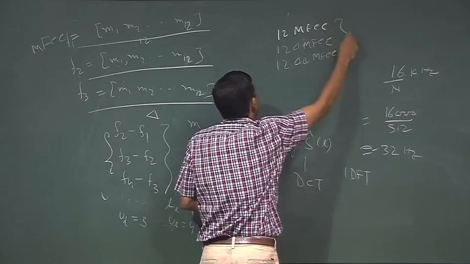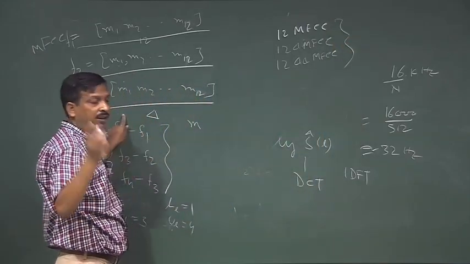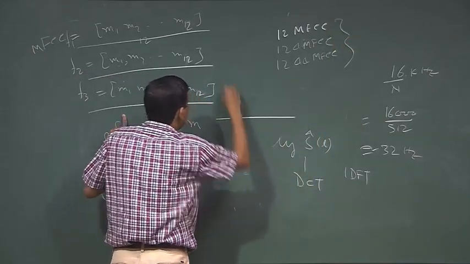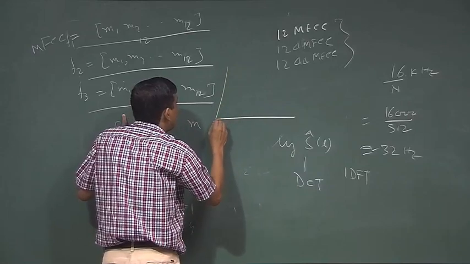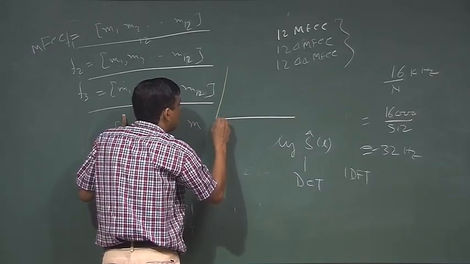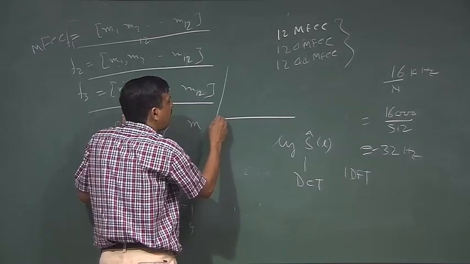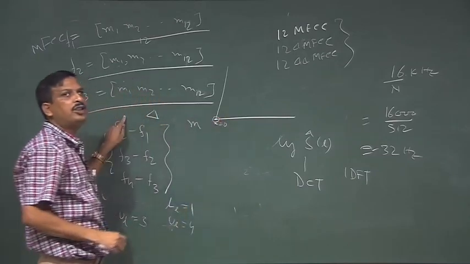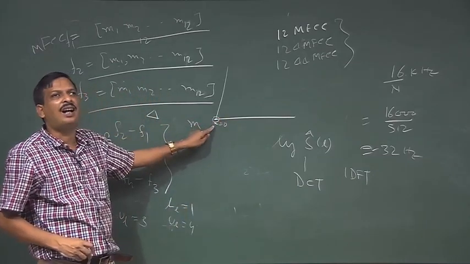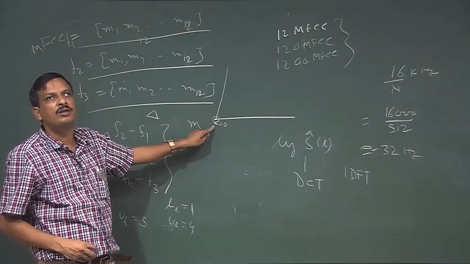Now, if you remember the last discussion, when I put the first filter, I multiply the 0th coefficient of the spectrum with the weight function, which is 0. So, I have not taken the energy of the signal.